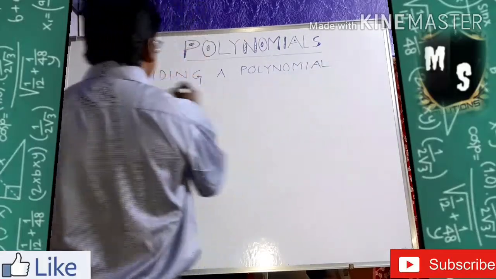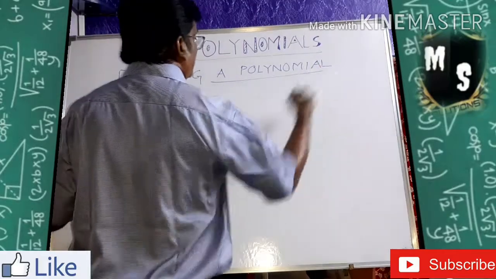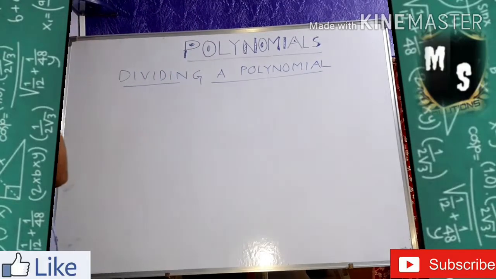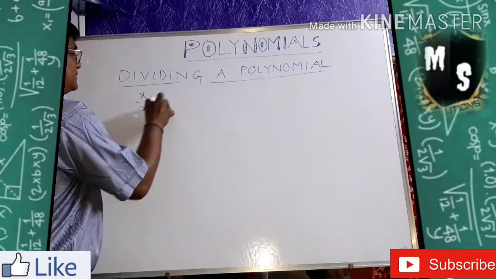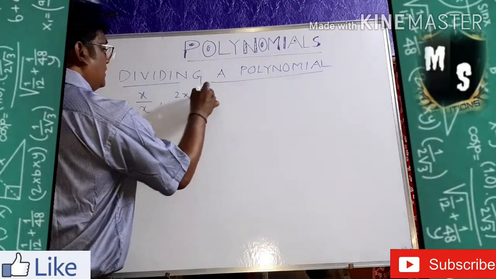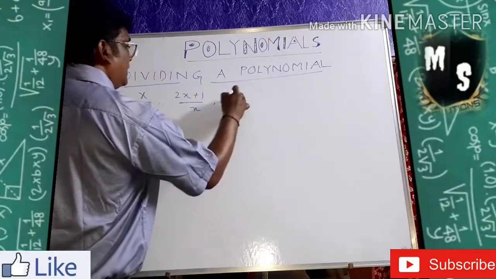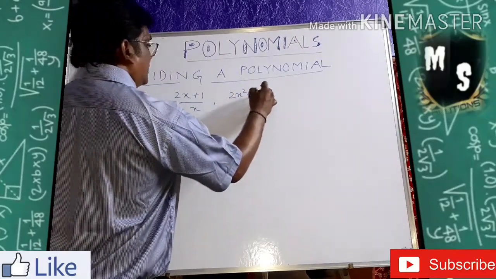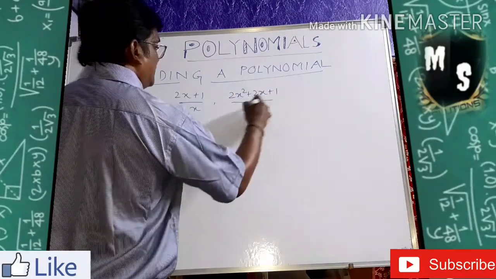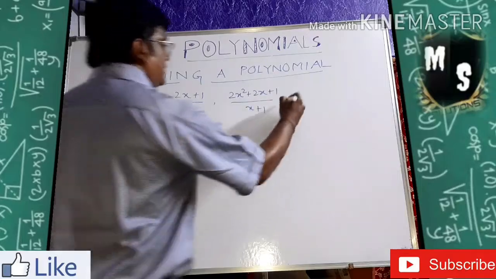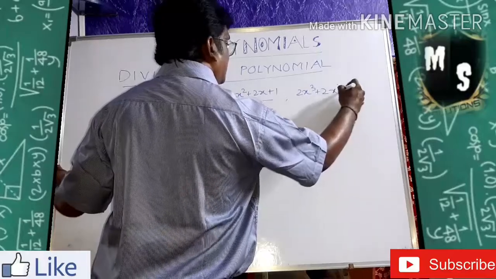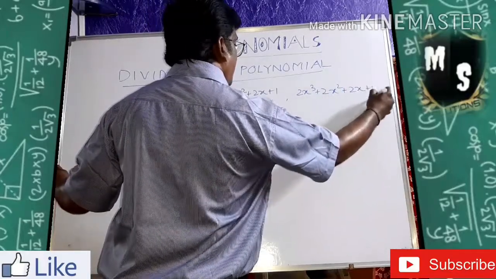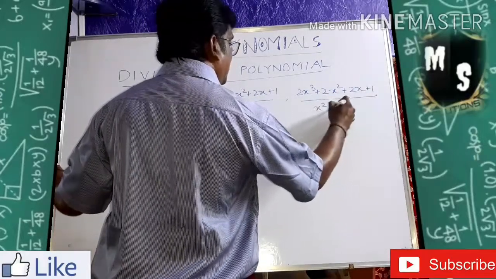Now when I go for this heading, dividing a polynomial, I am giving some expressions to you. Let's go for the expressions: x by x, 2x plus 1 by x. Then I am writing here 2x square plus 2x plus 1 by x plus 1. Then 2x cube plus 2x square plus 2x plus 1 by x square plus x plus 1.